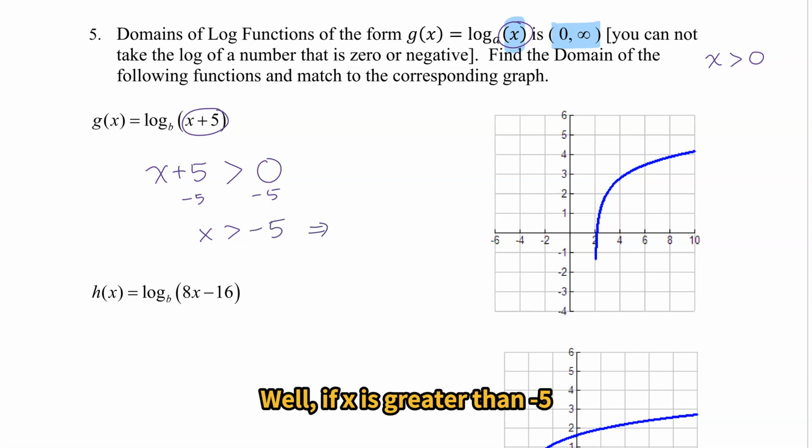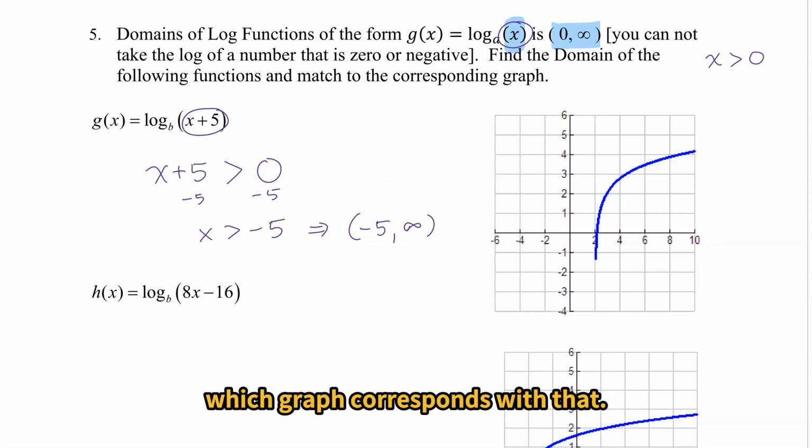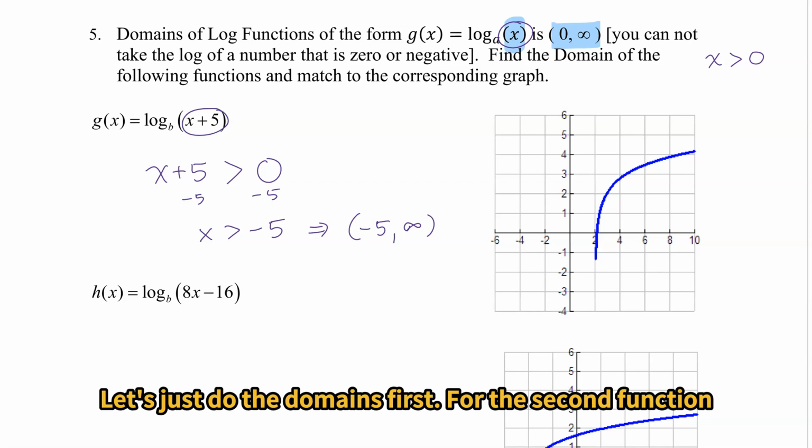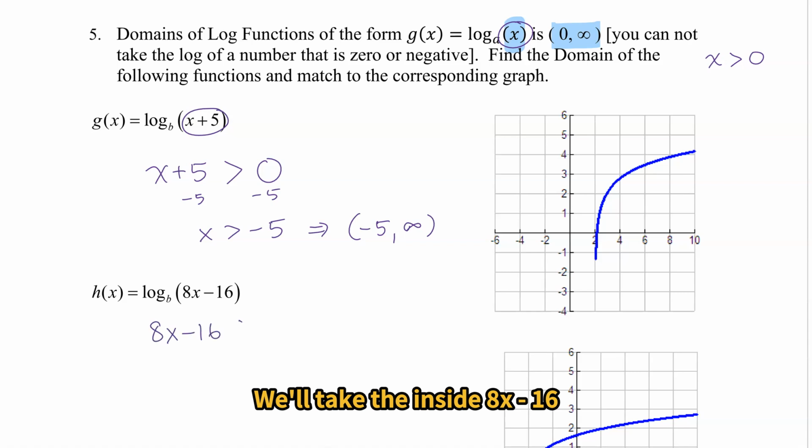Well, if x is greater than negative 5, that means our domain will be negative 5 to infinity. And we just need to figure out which graph corresponds with that. And we'll do that in a minute. Let's just do the domains first. For the second function, h, log base b of 8x minus 16, we'll take the inside, 8x minus 16, and set it greater than 0.